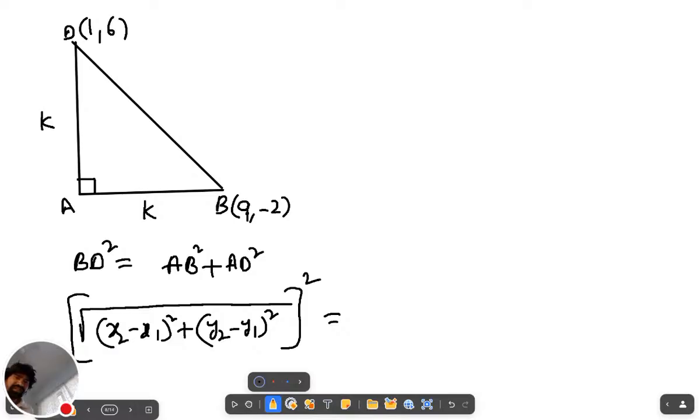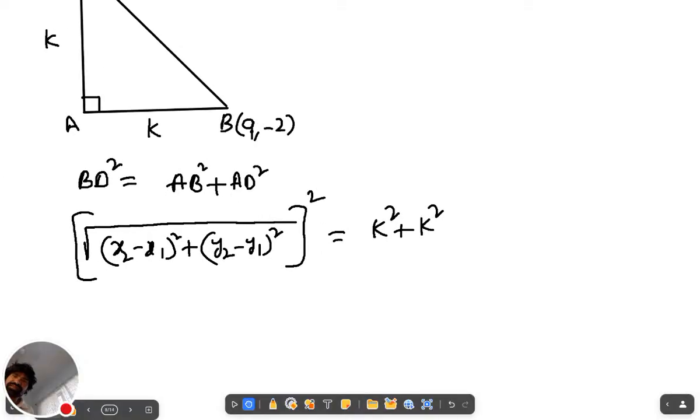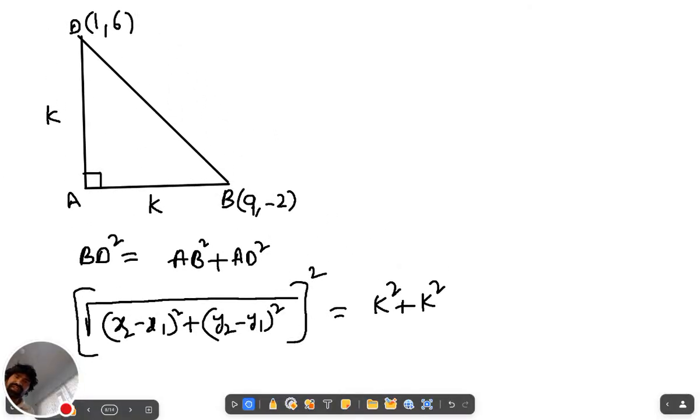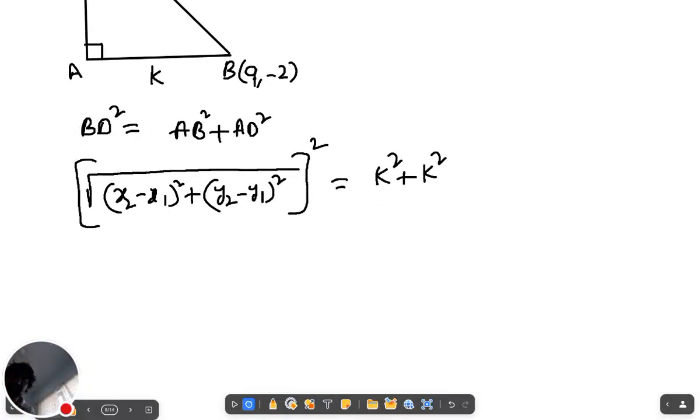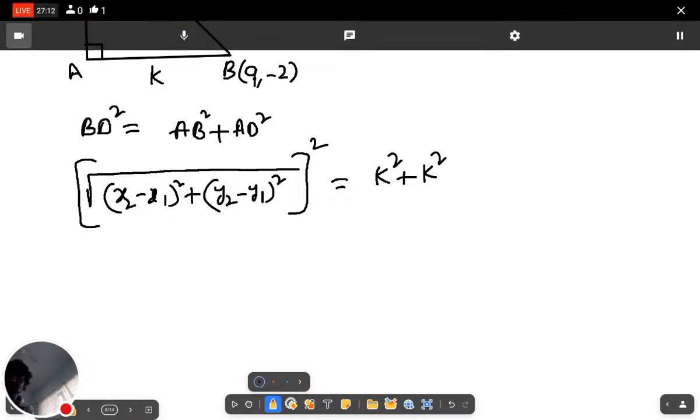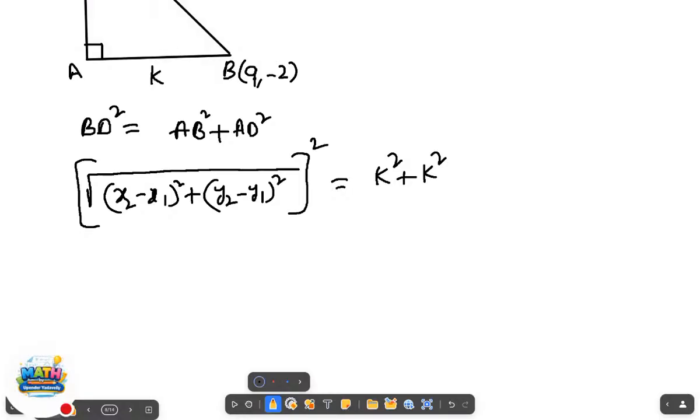AB is K and AD is also K, so K square plus K square. Now x2 minus x1: here x2 is 1 and x1 is 9, so 1 minus 9 whole square plus y2 minus y1. What is y2?